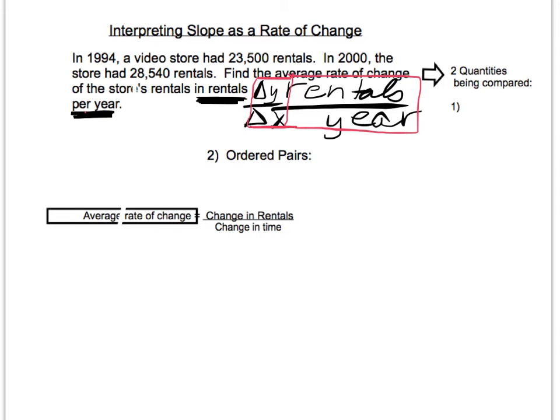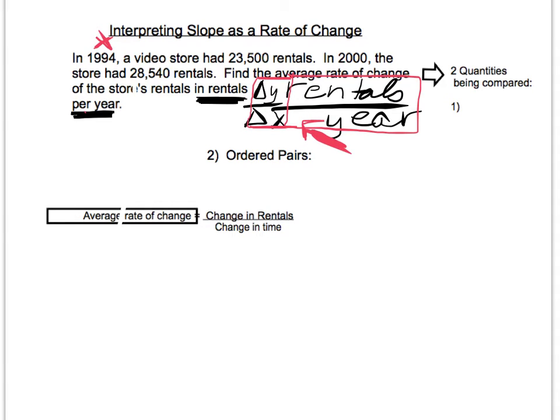So I'm going to go back in my problem now, and I'm going to label my data. In 1994, the video store had 23,500 rentals. That's a relationship. So 1994 is x, again, based on my rate and definition of slope.